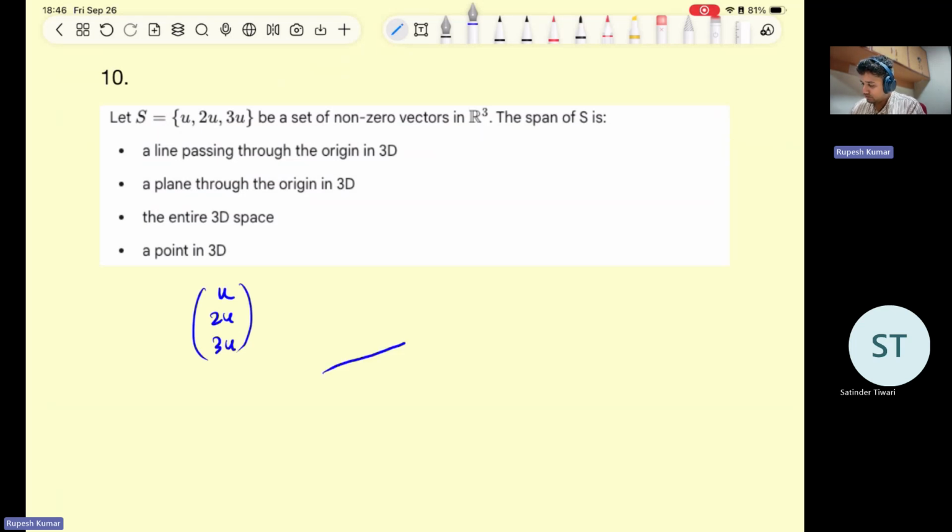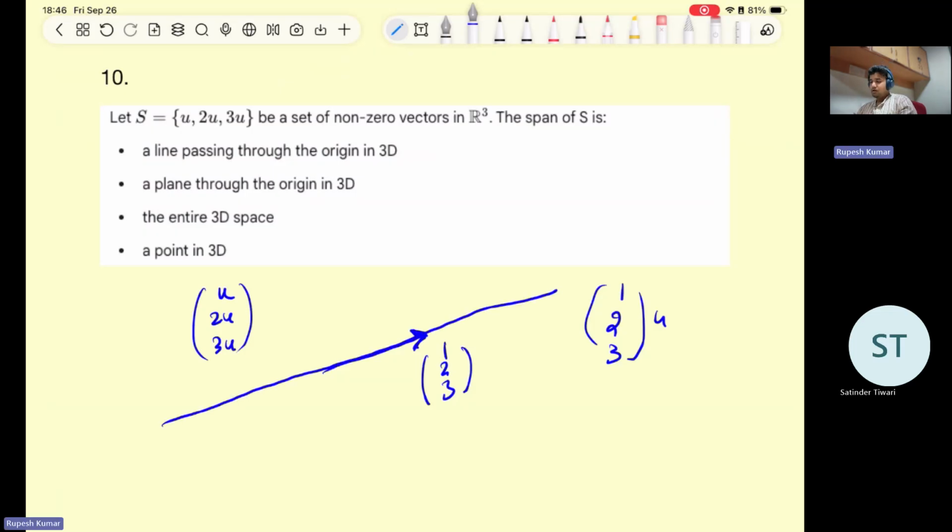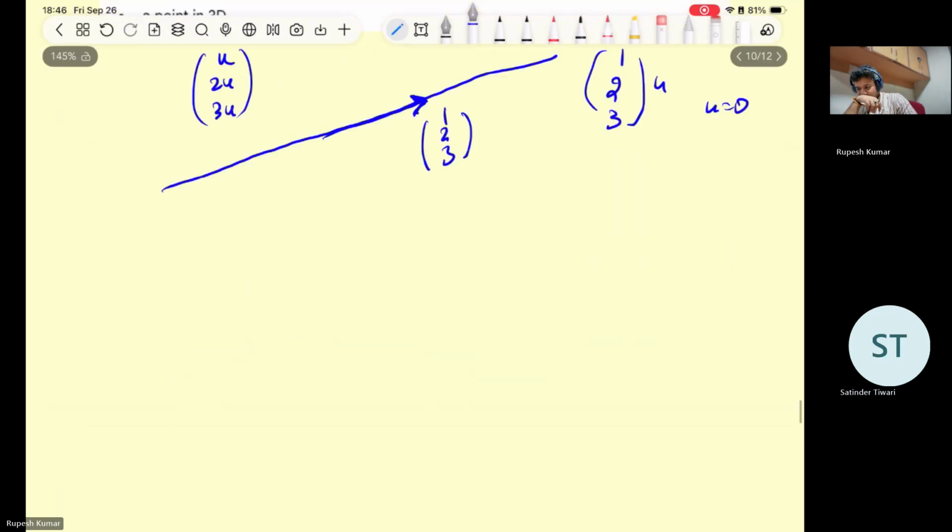Let's say this is a vector, and u is basically a scaling factor. So let's take the vector 1, 2, 3 multiplied by u, and then you can scale it in all the directions. What is the span of this? A line, obviously. It's not a plane, because you're having only one vector, and when u equals 0, it passes through the origin, right? So option A is correct. Is this clear? Yes, sir.